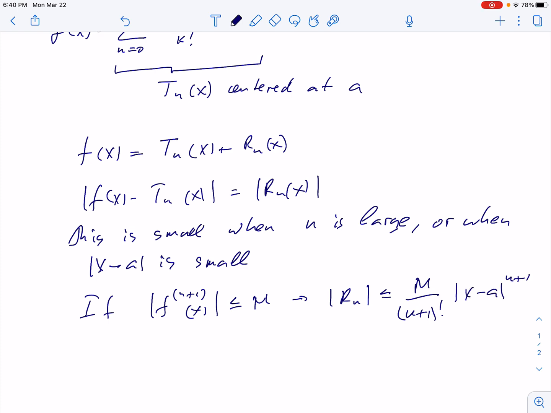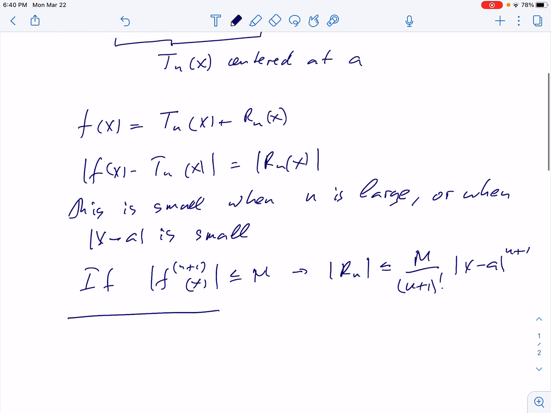So you can see that when you make x minus a small, the remainder becomes small, or you can keep x fixed and increase n. You have n factorial in the denominator, so this is getting small again.